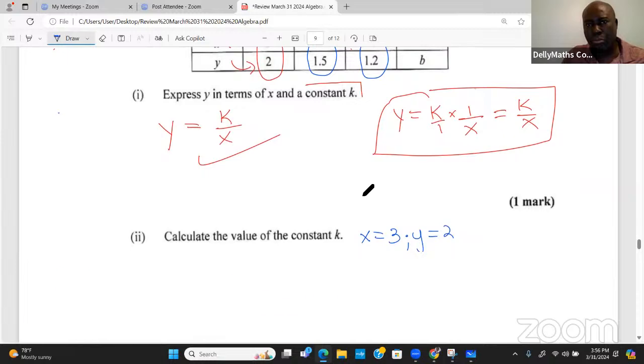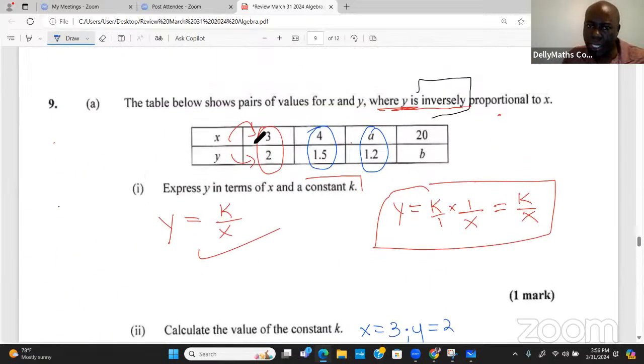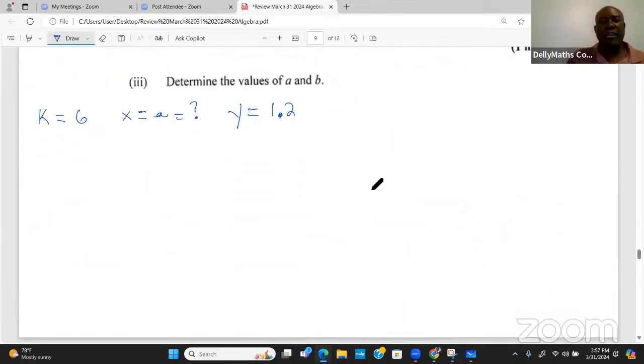And the Y is 1.2. So X is an A value that we don't know, and the Y value when X is A is equal to 1.2. And you want to make sure you double check. So I'm looking back, X is A and Y is 1.2. So there it is that we have the values that we want.